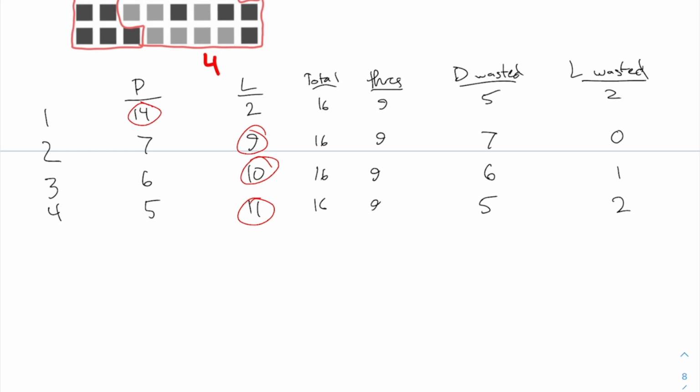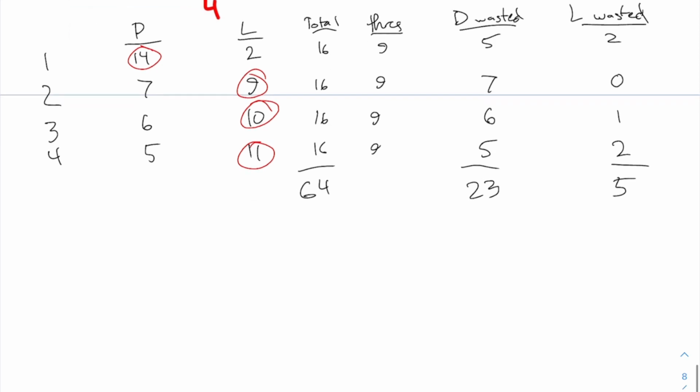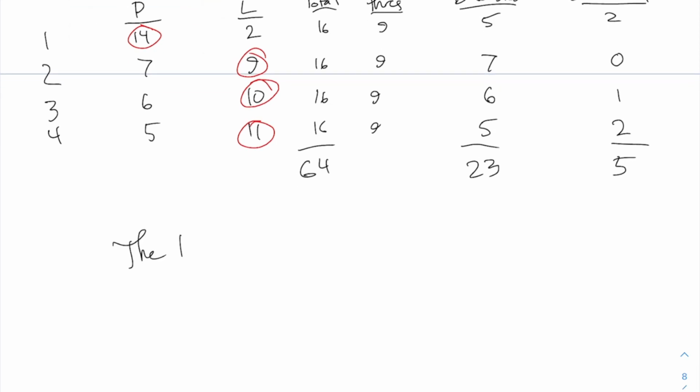All right, so my final answer, you got to do some adding. Add 2 and 1 and 2 is 5 wasted total for the L's. For the D's, it's 10 and 7, 23. And the total is 64. And so my final answer is the EG is 23 minus 5 over 64.